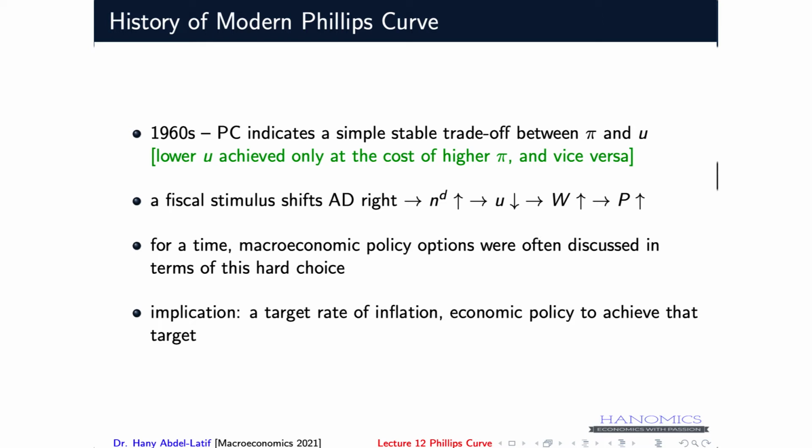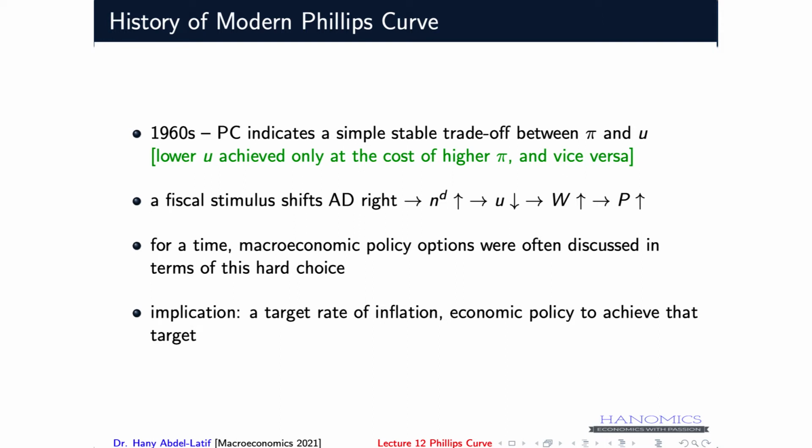So for some time, macroeconomic policy was mainly to choose what mix you want. Where do you want to be in that relationship? How much unemployment would you accept, or how much inflation would you accept if your target was to reduce the unemployment rate?